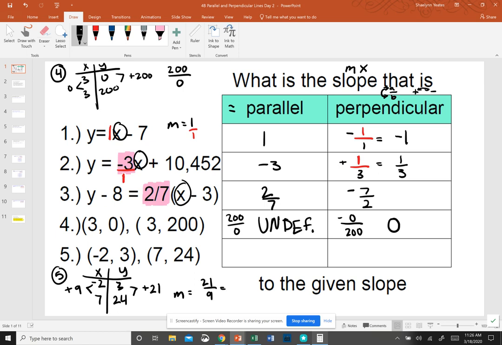If I reduce this fraction, it becomes 7/3, because 21 divided by 3 is 7, and 9 divided by 3 is 3. So that means parallel would be 7/3. Now, if I want perpendicular, I need to flip this over. So it's 3/7, and it was positive, so now it's negative.